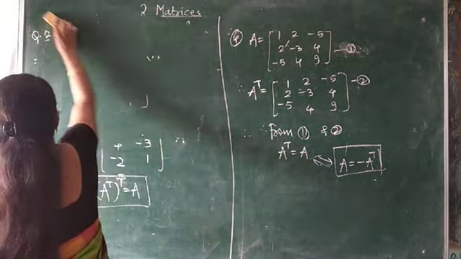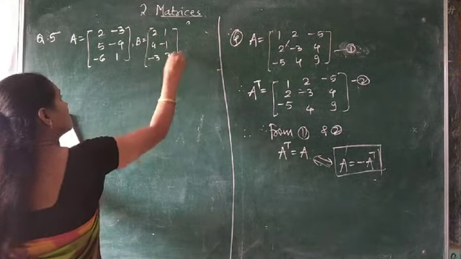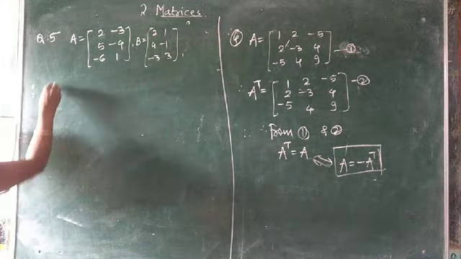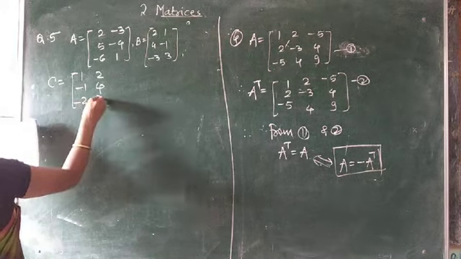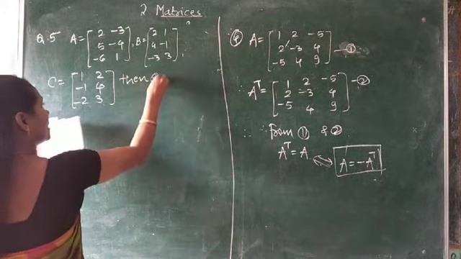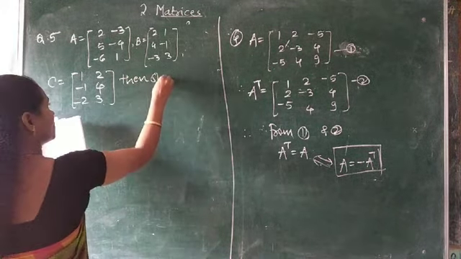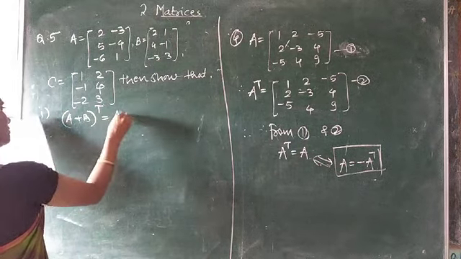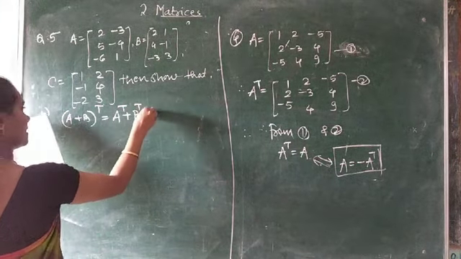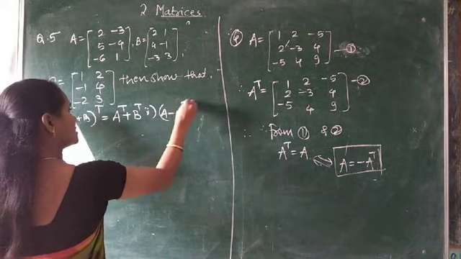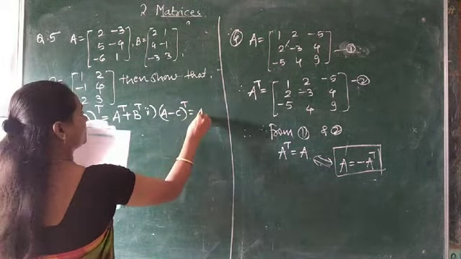If A is equal to [2, -3, 5; -4, -6, 1], B is [2, 1, 4; -1, -3, 3], and C is [1, 2; -1, 4; -2, 3], then show that first, (A plus B) transpose is equal to A transpose plus B transpose, and second, (A minus C) transpose is equal to A transpose minus C transpose.